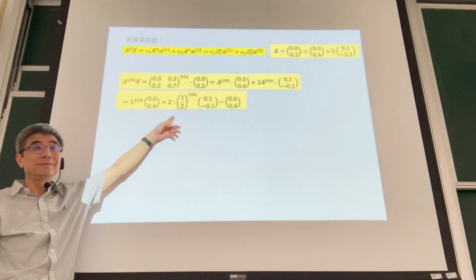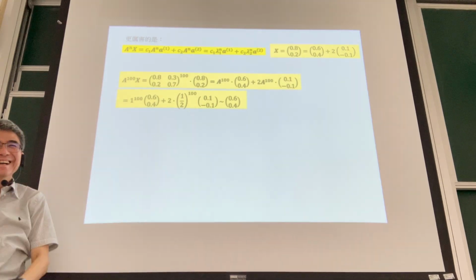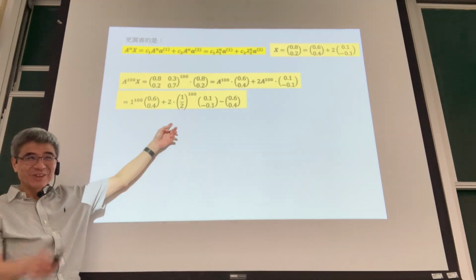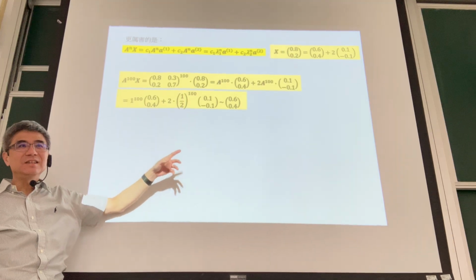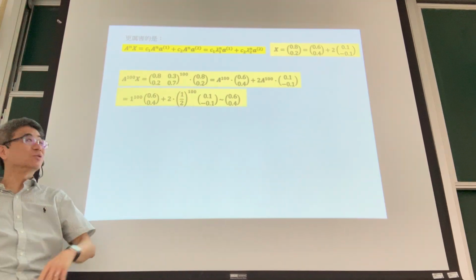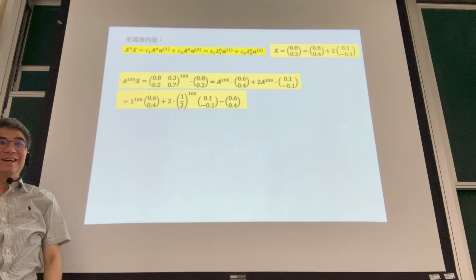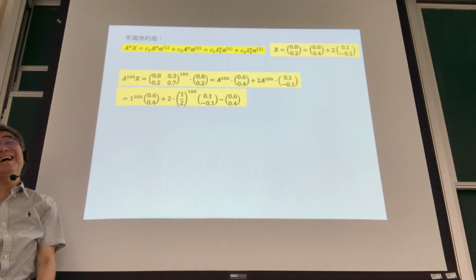It's close to 0. That's a good question. But a number's 100th power is always easier to calculate than a matrix's 100th power, right? Yeah, you can say that.